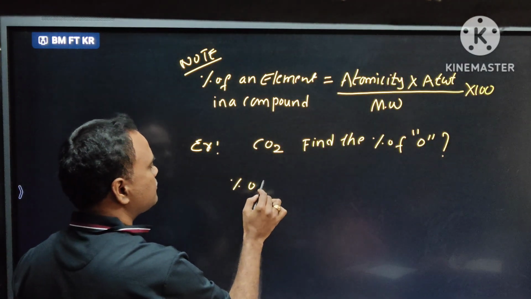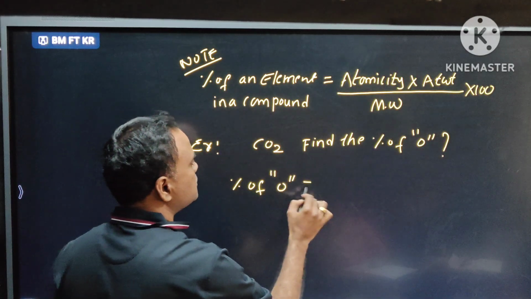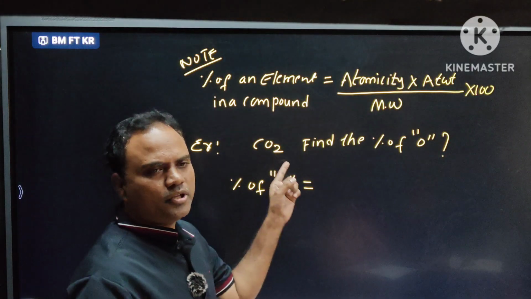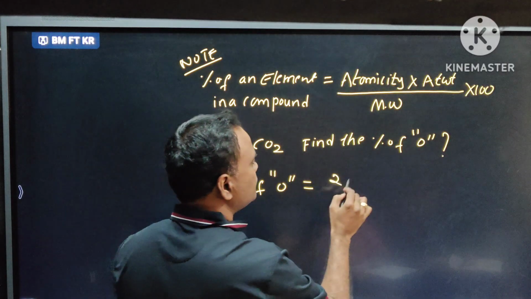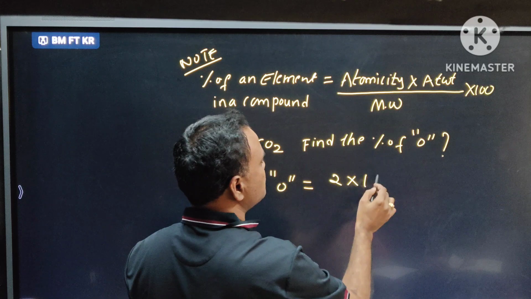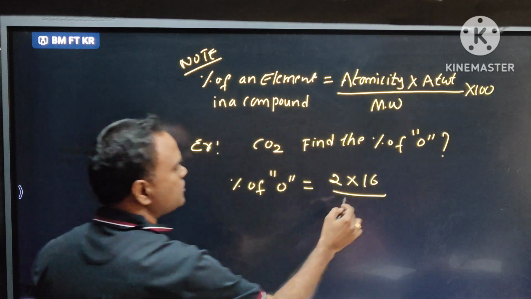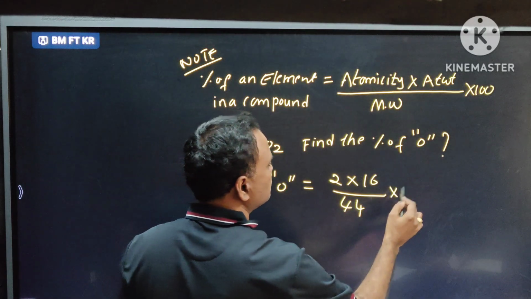Percentage of oxygen is equal to, what is the formula? Atomicity. How many oxygens do we have? 2. 2 into the atomic weight of oxygen, 16. My total molecular weight is 44, into 100.